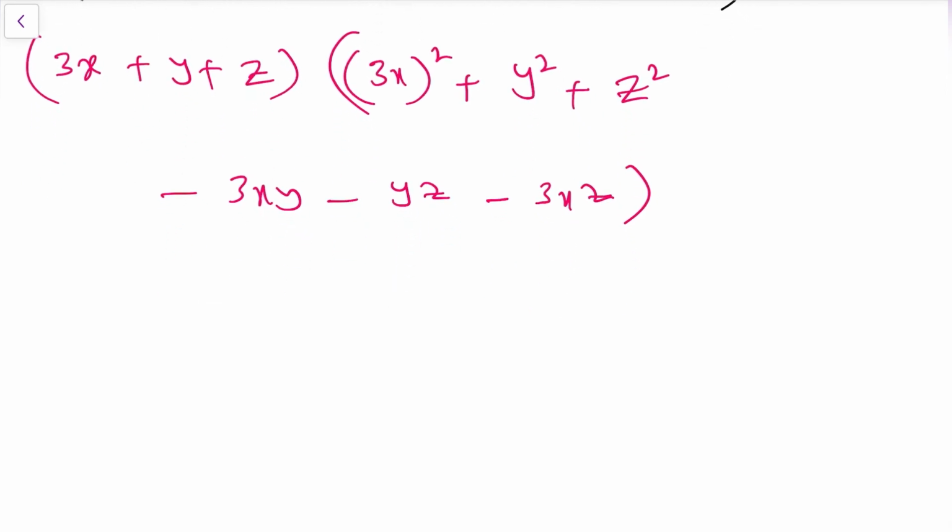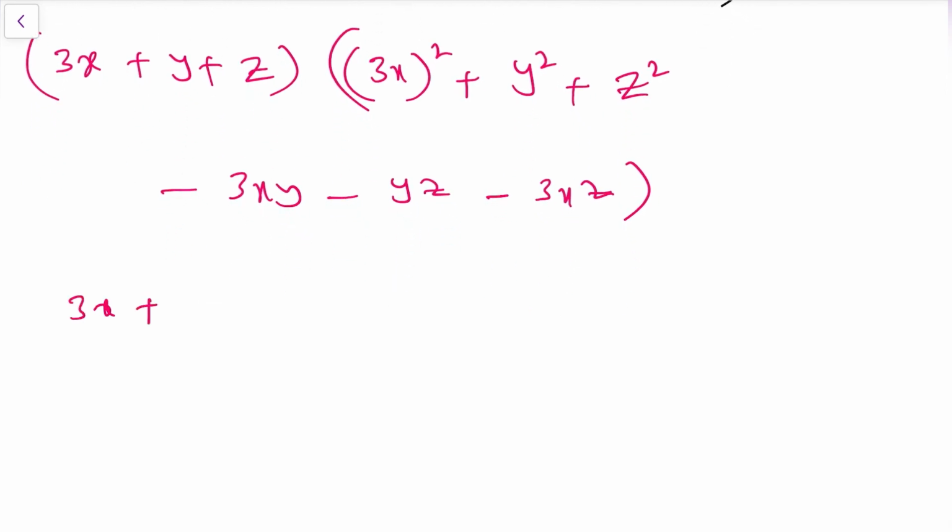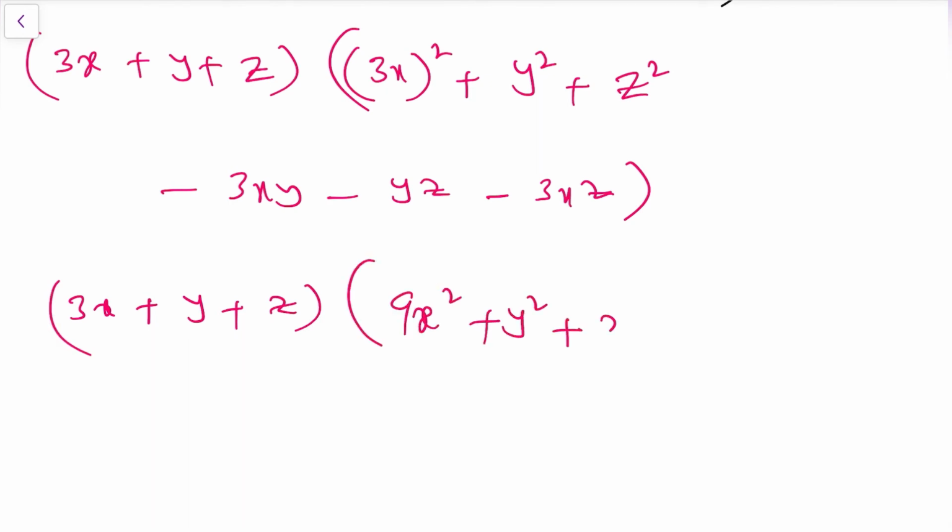Let us simplify. 3x plus y plus z as it is into 3x whole square 9x square plus y square plus z square minus 3xy minus yz minus 3xz. We cannot simplify further, answer completed. Because if we simplify further also we will get the same question again as the answer. So that's why no need.